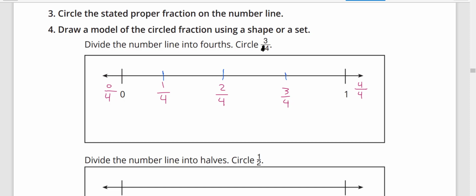What is the fraction of 3 fourths? Circle 3 fourths. So we can circle this fraction. Draw a model of the circled fraction using a shape or a set. We can draw any shape.